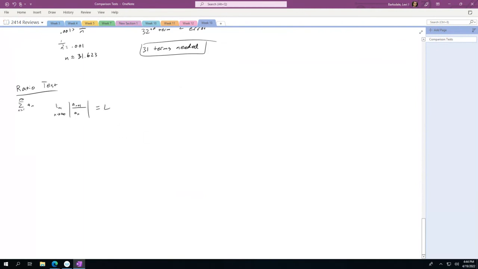We would get some number L out. And depending on the value of this L, we can say something about the convergence of our series. If L is smaller than 1, then our series converges. If L is larger than 1, our series diverges. And if L is equal to 1, then the test is inconclusive.